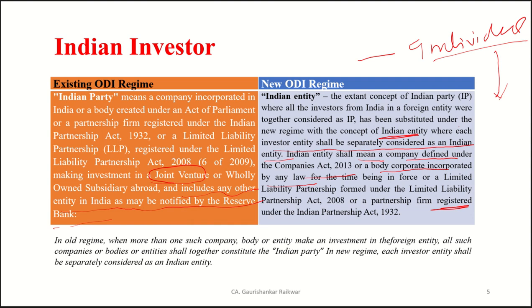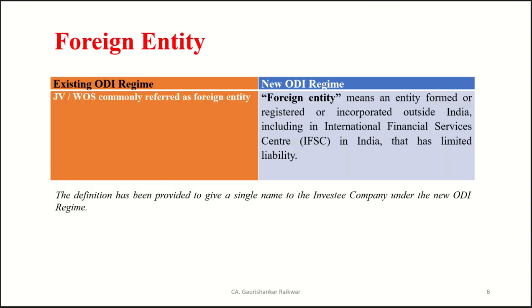In the old regime, when more than one such company, body or entity made an investment in a foreign entity, all such companies or bodies or entities together constituted Indian party. That we have already discussed, but in the new regime, each investor entity shall be separately considered as Indian entity. So this is the difference in the new ODI regime.